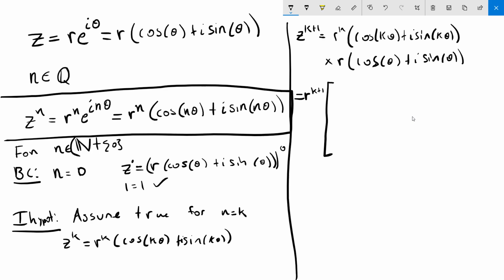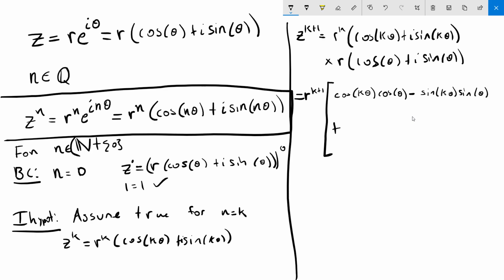The first set of real values that we get is cosine times cosine, so cosine k theta, cosine theta. The next set of real values is multiplying these two as well, so we get minus sine of k theta, sine of theta.